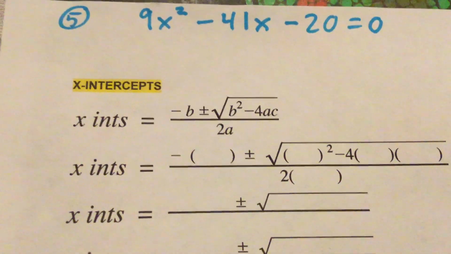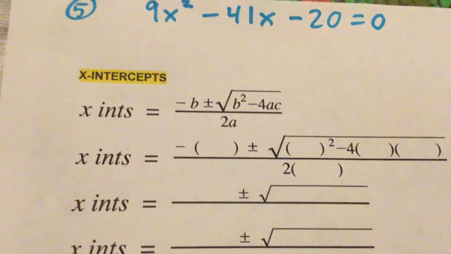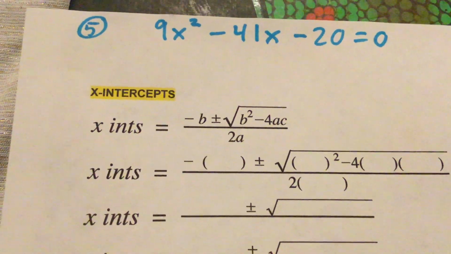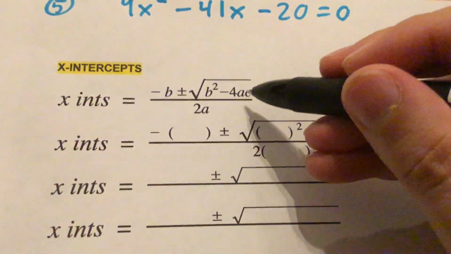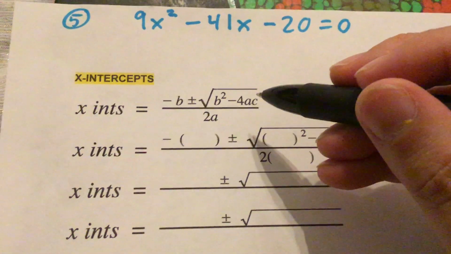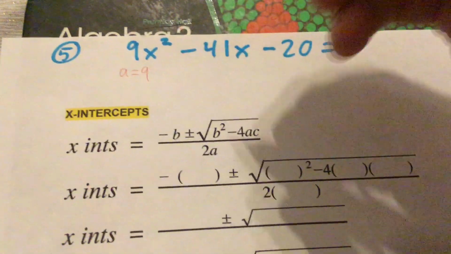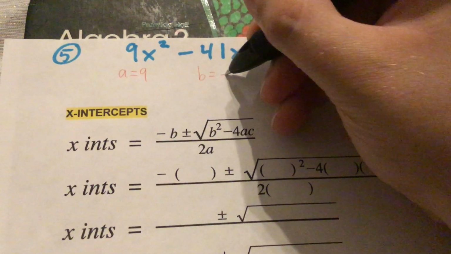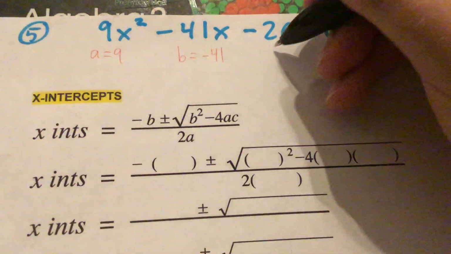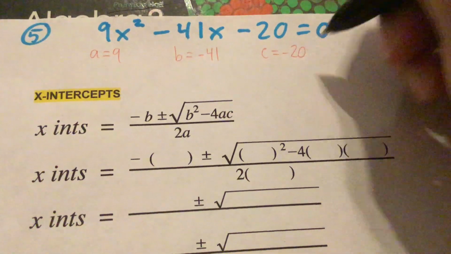That's a good step. But personally, I like the quadratic formula because if I'm going to take forever, I might as well determine what that discriminant tells me about the solution set. So specifically, A equals 9, B equals negative 41, and C is equal to negative 20.